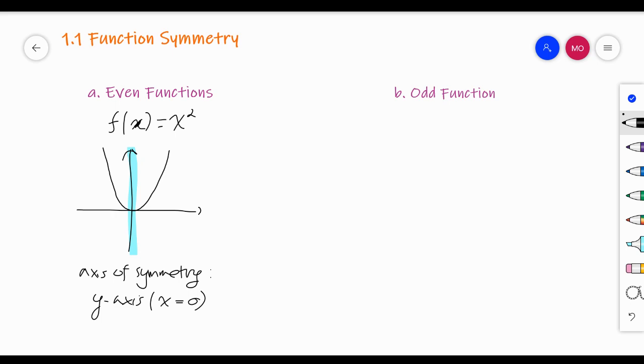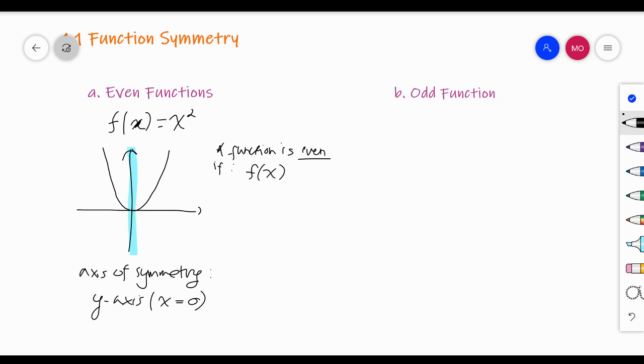It also happens to have a little bit more of a specific definition, which we can use when I am only giving you a function's equation without necessarily having a graph. So you would know a function is even if the following condition is satisfied.